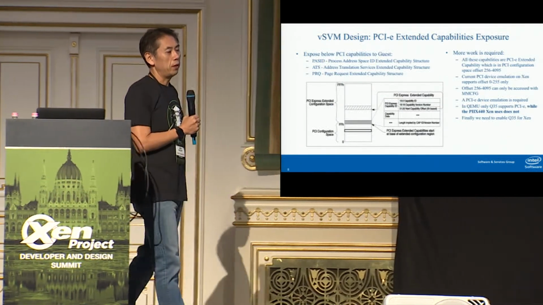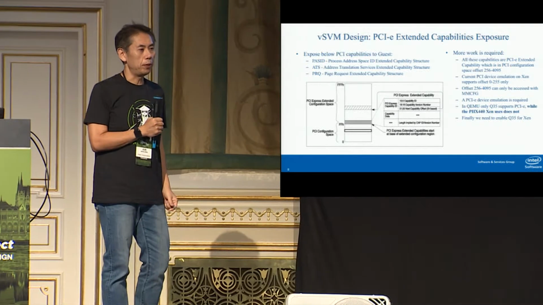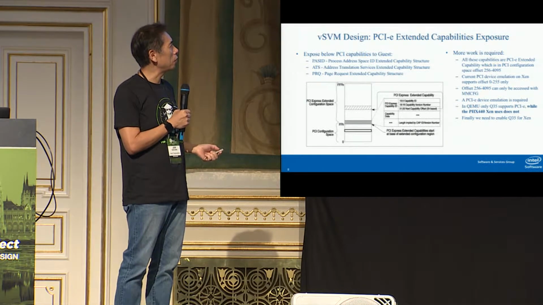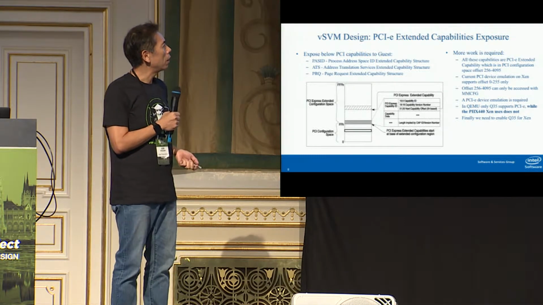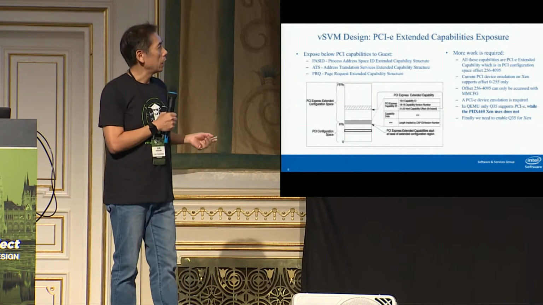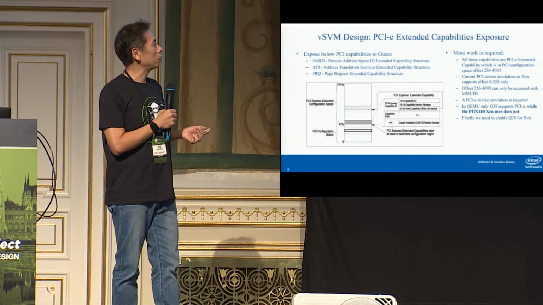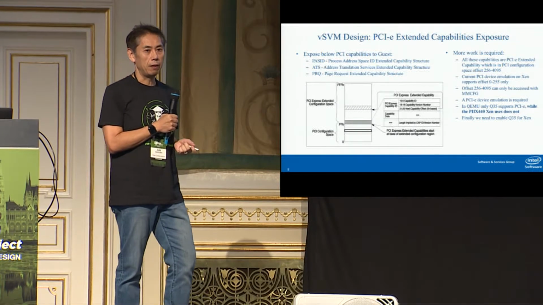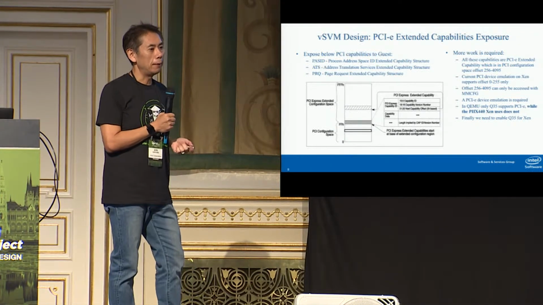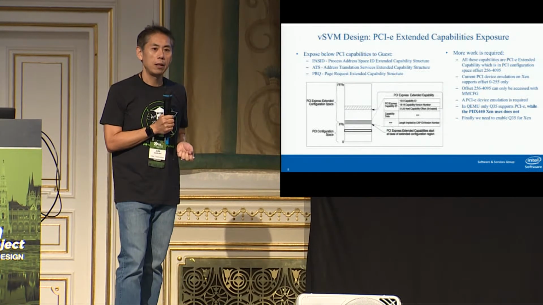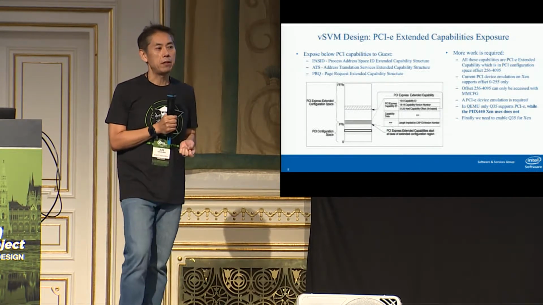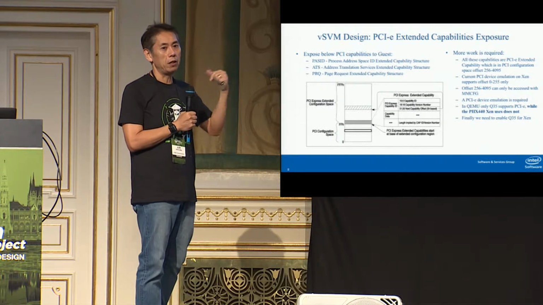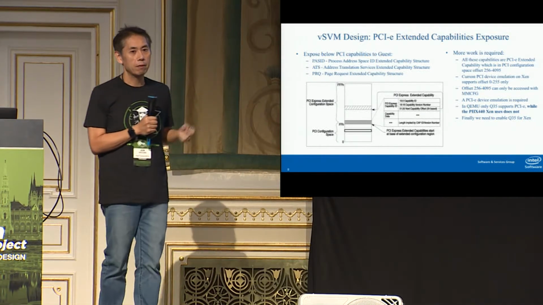Now, one issue with exposing PCI Express capabilities is that Xen today uses the old chipset, right? This one, PIIX 440, and in QEMU it just supports legacy PCI, not PCI Express. So we need to use the Q35 chipset in QEMU to enable PCI Express capabilities, because this SVM is not in PCI, but in PCI Express.